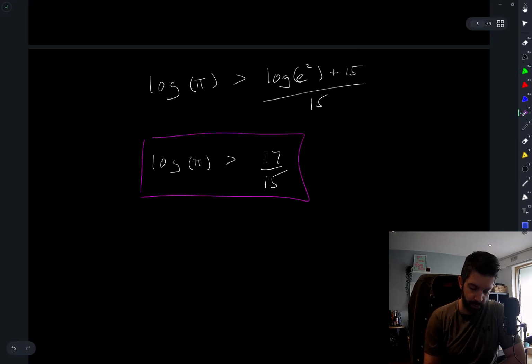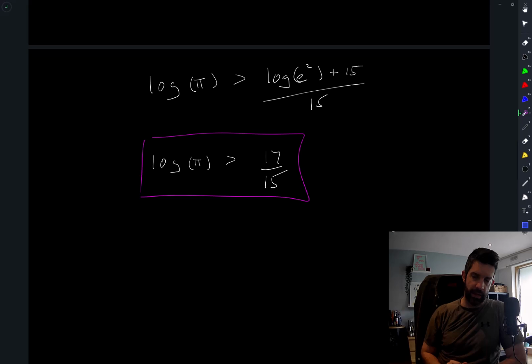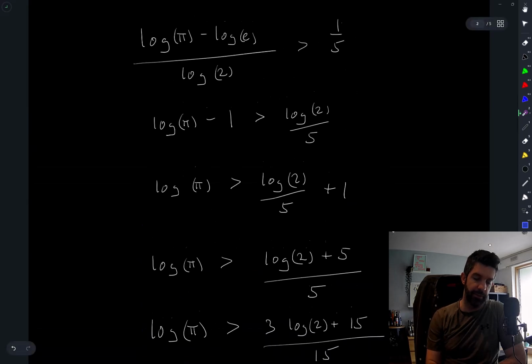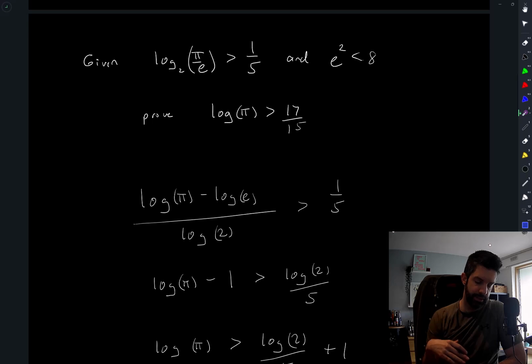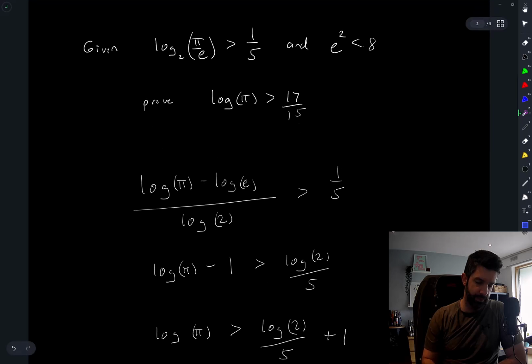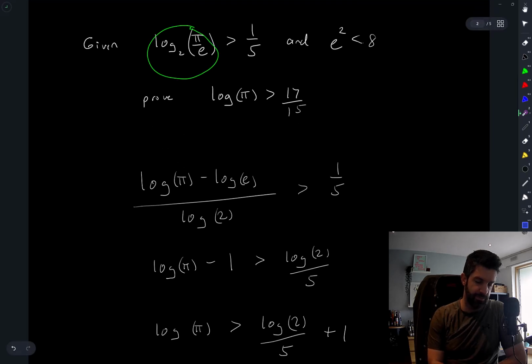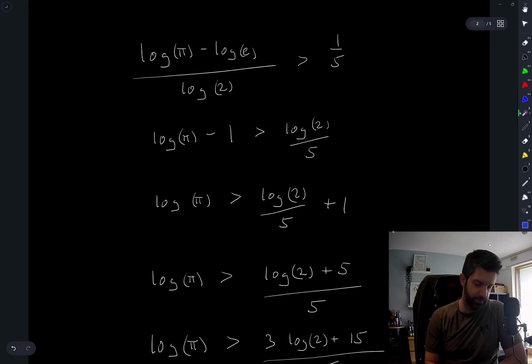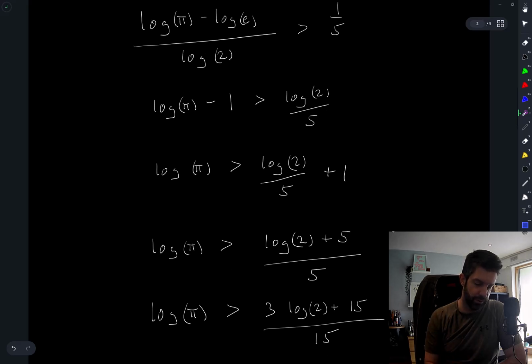Cool. Okay. Again, it just came down to manipulating laws of logarithms, and there were a few steps where a little bit of foresight allowed me to manipulate the inequality in the way that I wanted. Writing log of pi over e as log pi minus log e, that becomes a 1, and we've gotten rid of some strange looking term we didn't want at all.